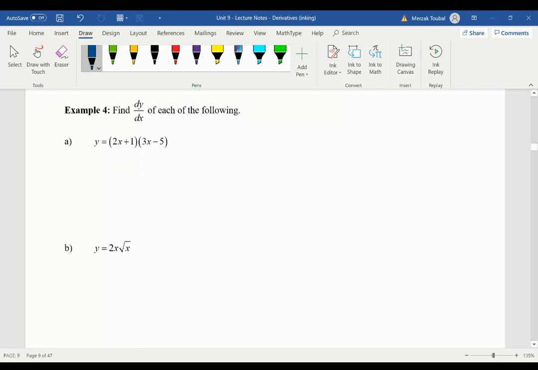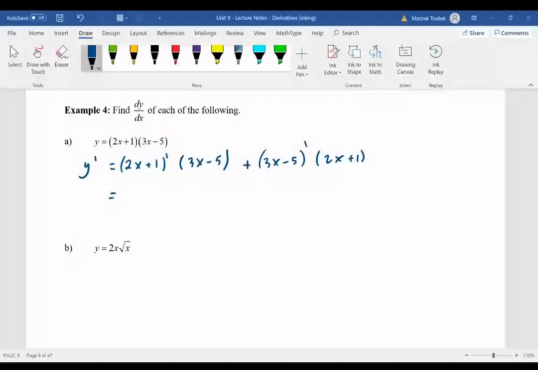Example 4a, find the derivative. So applying the formula, it is going to be the derivative of the first function, which is the derivative of 2x plus 1, times 3x minus 5, unchanged, plus derivative of 3x minus 5, second function, times the first function as is. Okay, good. What's the derivative of 2x plus 1?